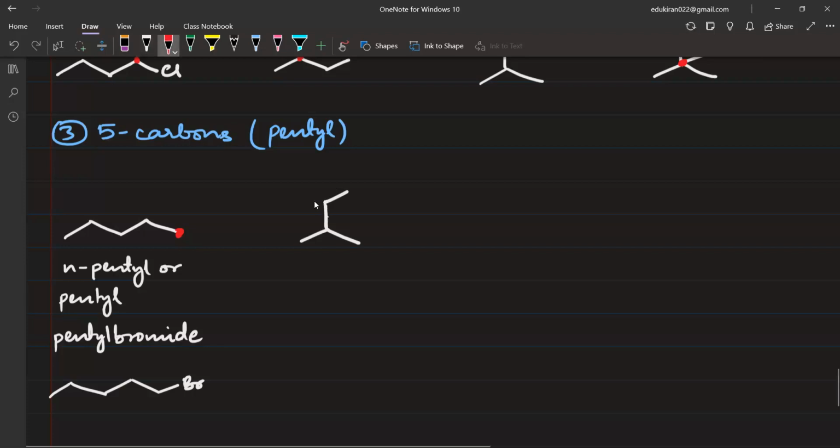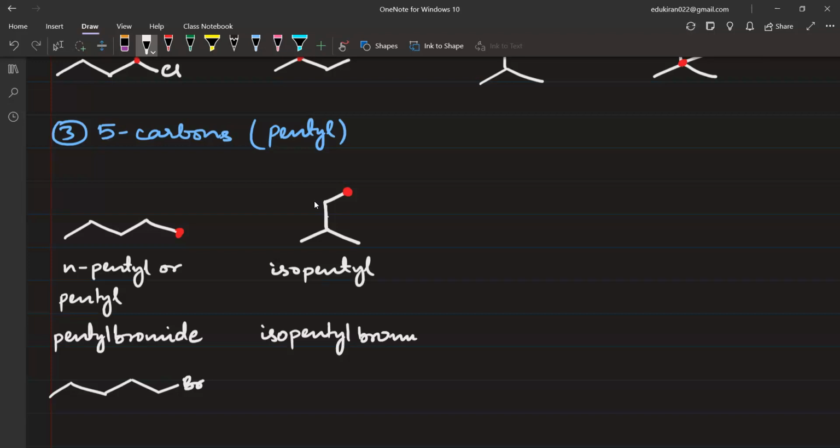Okay. And the point of attachment is here, this carbon atom. So CH3 is necessary. So this is isopentyl. For example, if you have isopentyl bromide, you will write it like this.